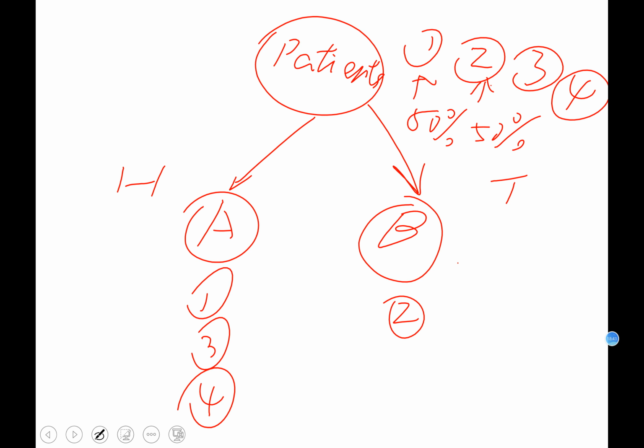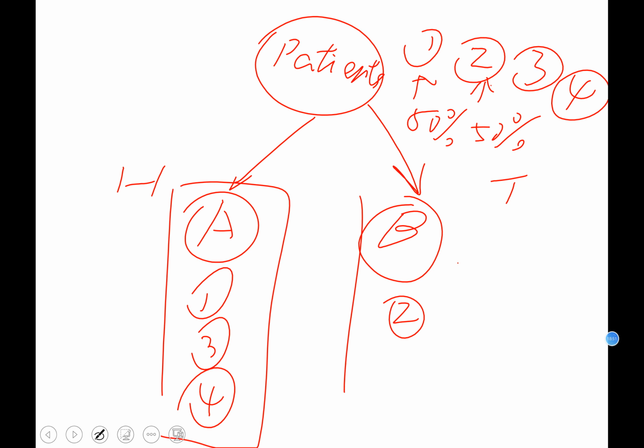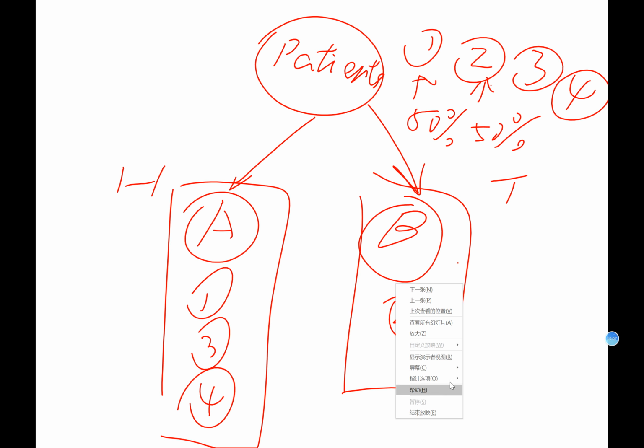So we call it completely randomized design. And these two samples, sample A and sample B, are independent samples. We call them independent samples because there is no relationship between A and B. That is different from the matched design.